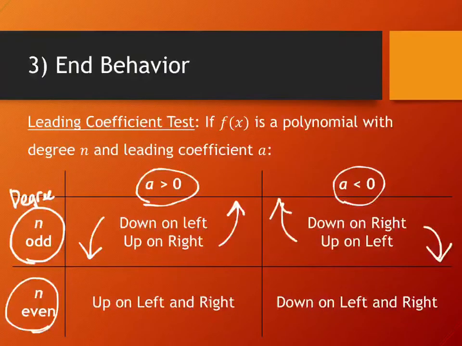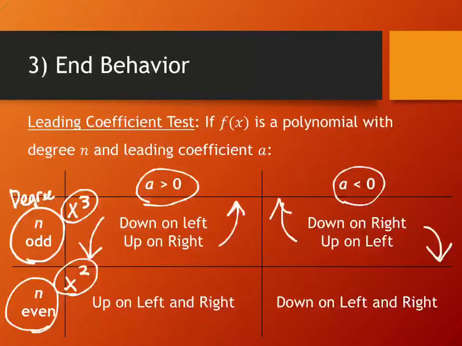The second line is what happens when it's even. So for the first line, a good picture to have in your mind is the graph of x cubed. A good picture to have in your mind of when it's even is the graph of x squared. So on x squared, or any even power, my images are like parabolas. Either they both point upward, or the edges both point downward.